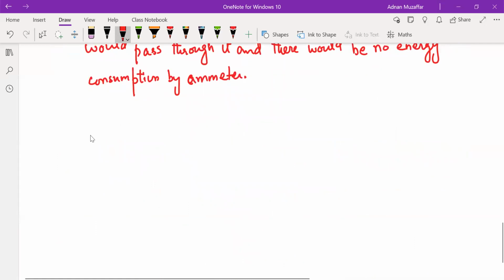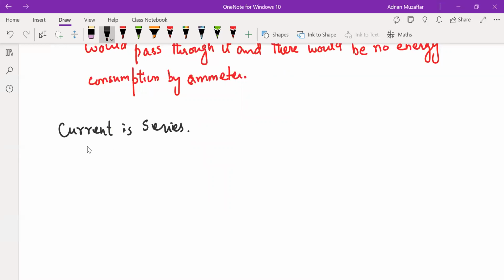Then the next thing is current in different combinations: current in series and current in parallel. All of us are familiar with it. I'm just quoting it.